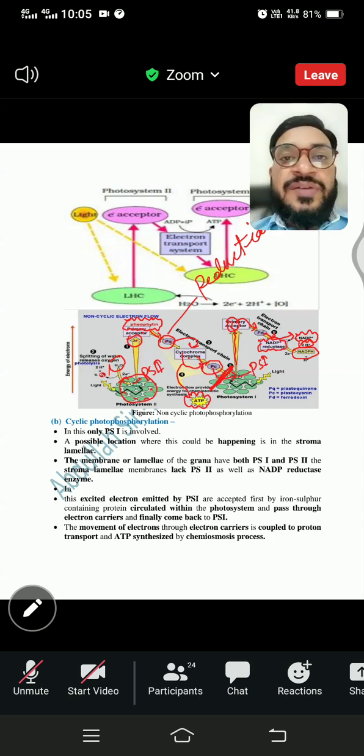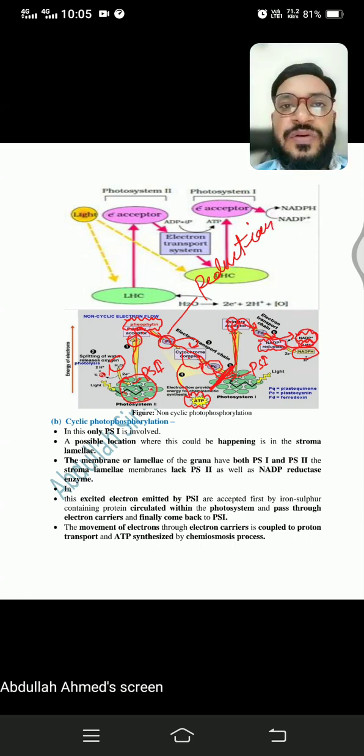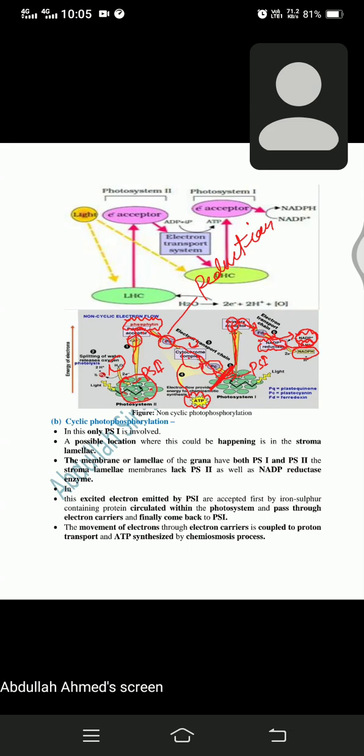Whatever electron is ejected by the chlorophyll A of the reaction center of PS2 will travel and finally be accepted by NADP. So here the last electron acceptor is NADP, right? And that electron is not coming back to PS2.